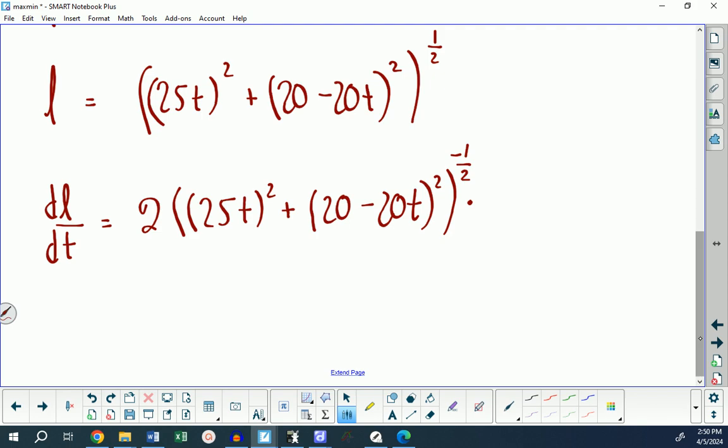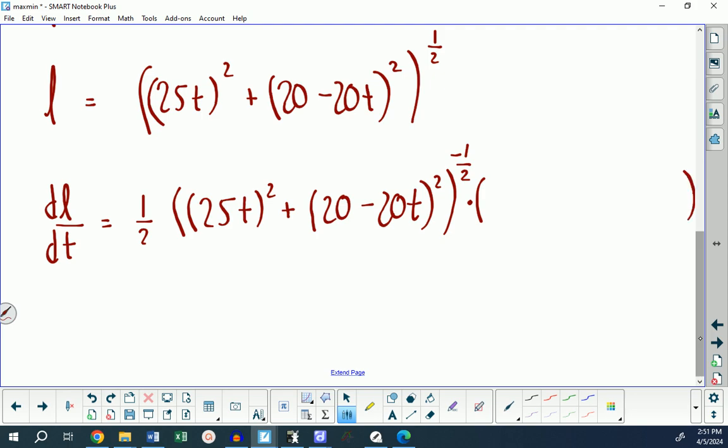Are you with me on this? Should it be a 1/2? Yeah, it should be a 1/2. Thank you. So you're with me on this? Okay. We're going to multiply by the derivative of what's inside.